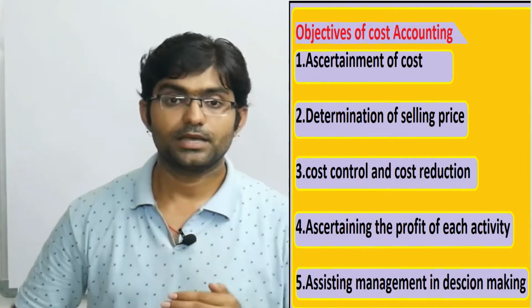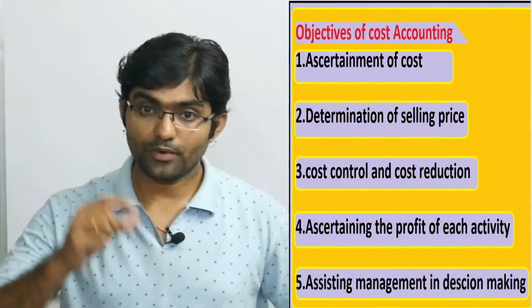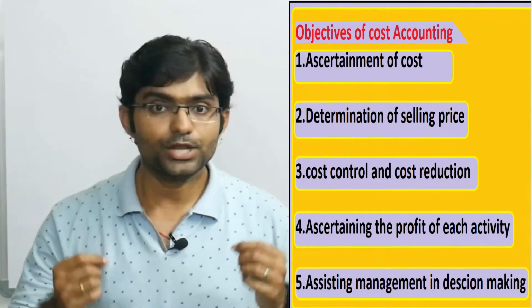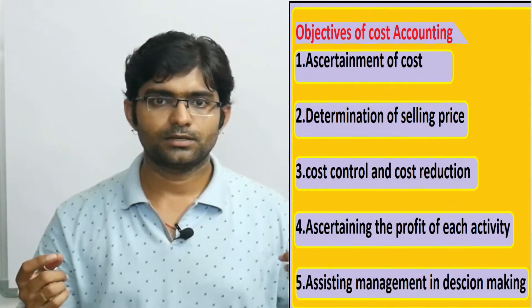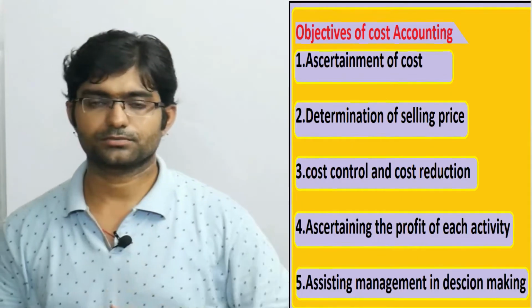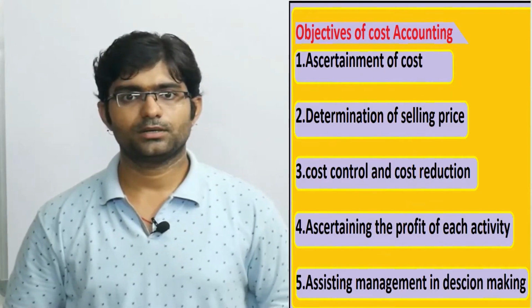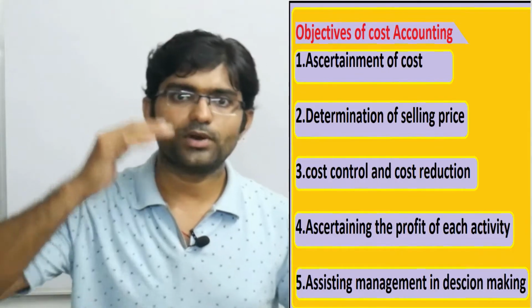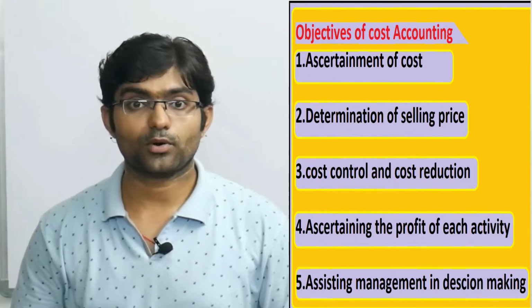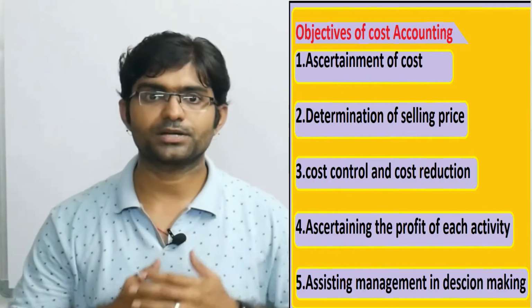Cost reduction is a permanent solution to reduce the cost. For example, if we install a new technology, by that the cost of manufacturing a product will reduce. This is a permanent solution. If we improve the skills of our labor, then also the cost of manufacturing a product reduces. This is a permanent solution.